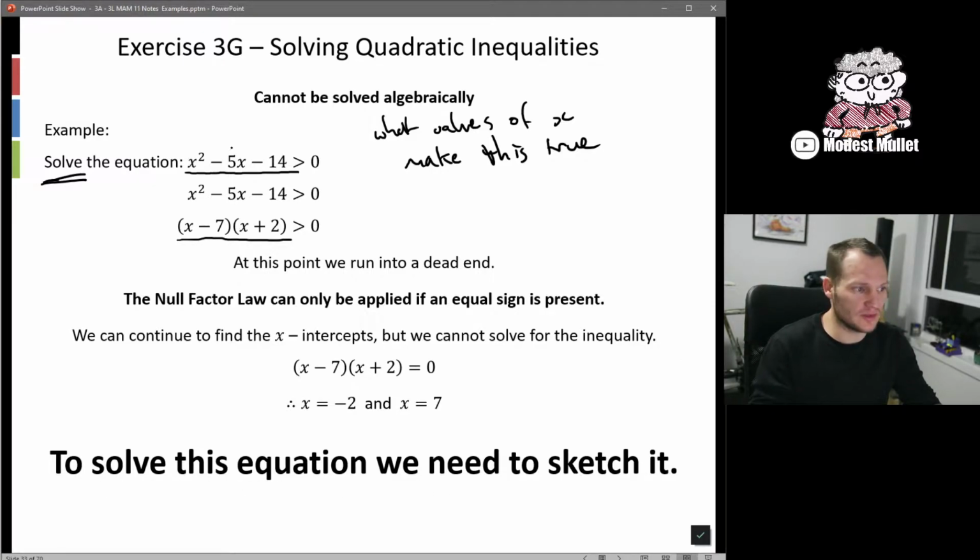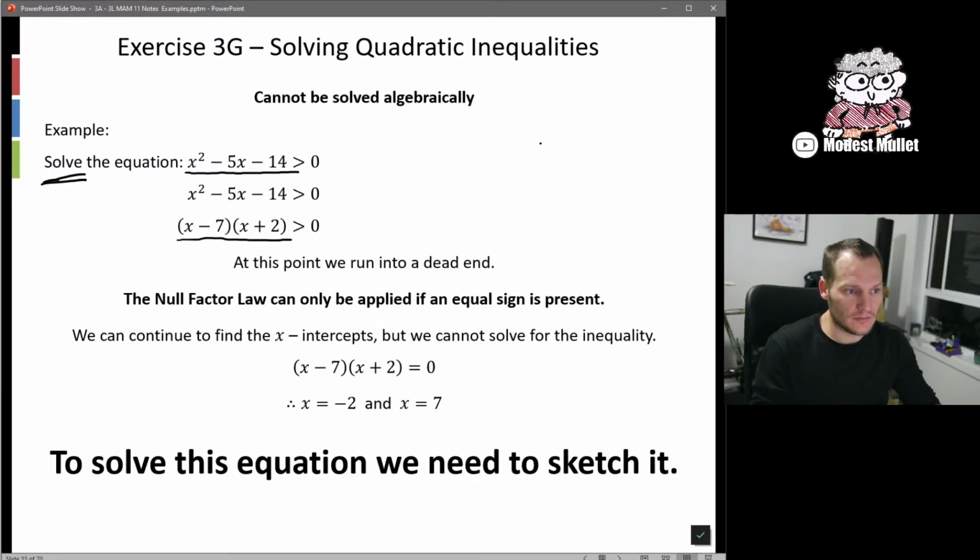Now, why do we want to sketch x squared minus 5x minus 14? I'm going to do something here to try and put the graphing in perspective. I'm going to say let x squared minus 5x minus 14 be equal to y. I'm going to call that whole thing y. By calling that whole thing y, I want to know when is y greater than 0.